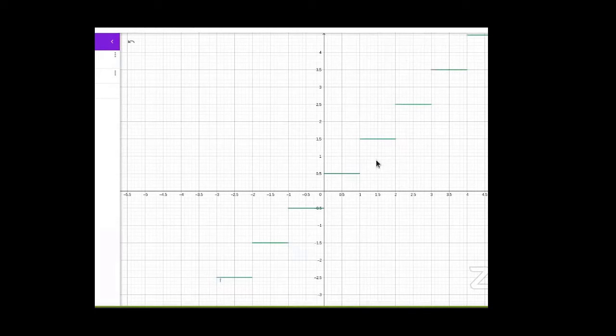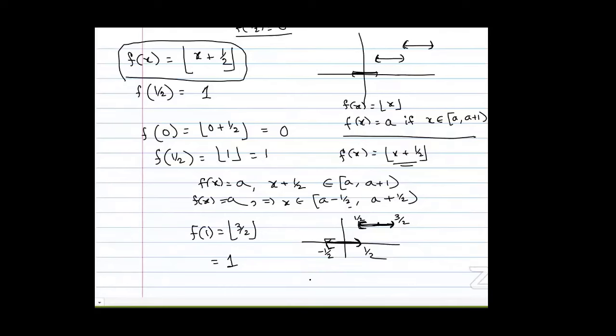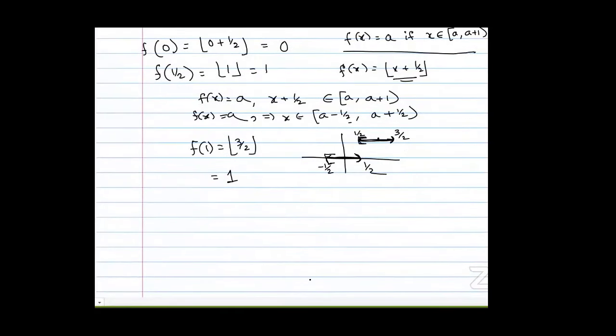In between 1 and 2, the functional value will be 1.5 now instead of 1. Is it clear? So this is the original floor function and this is the new floor function. So you can see the shift will be vertically half a unit. Okay, so I think this is clear, right?